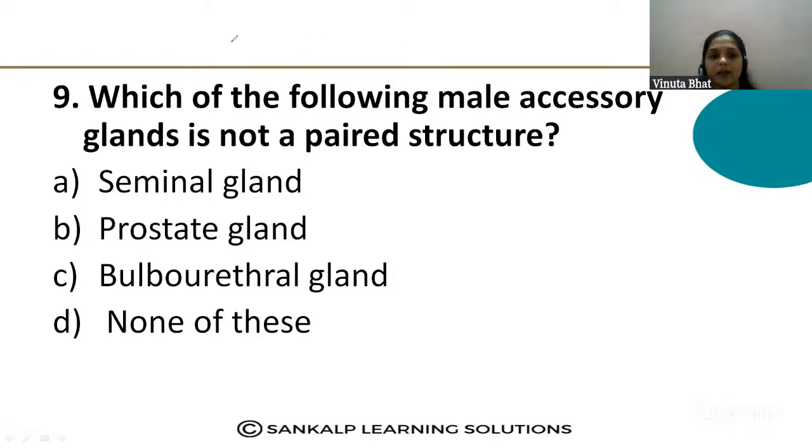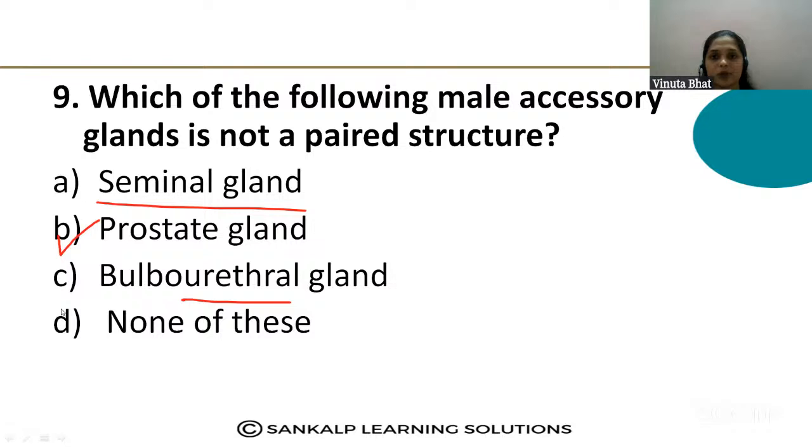Here, the prostate gland is not a paired gland. Yes, option B. Bulbourethral gland and seminal gland both are paired. You can observe that diagram in your notebook, so you can write the answer by seeing that structure.